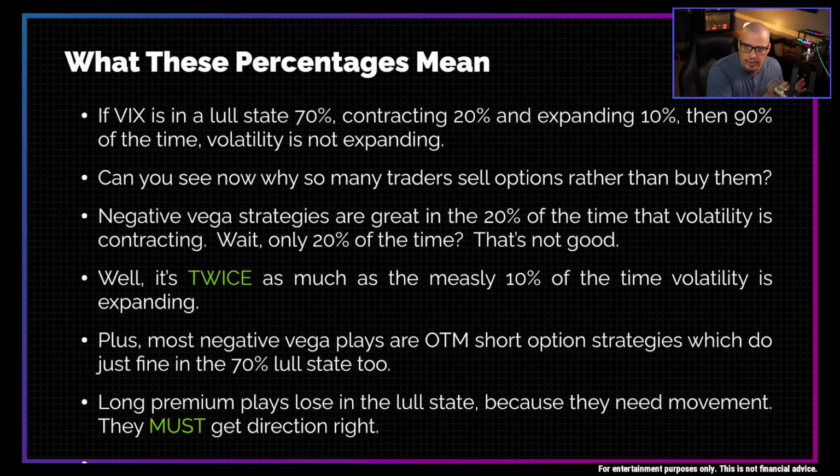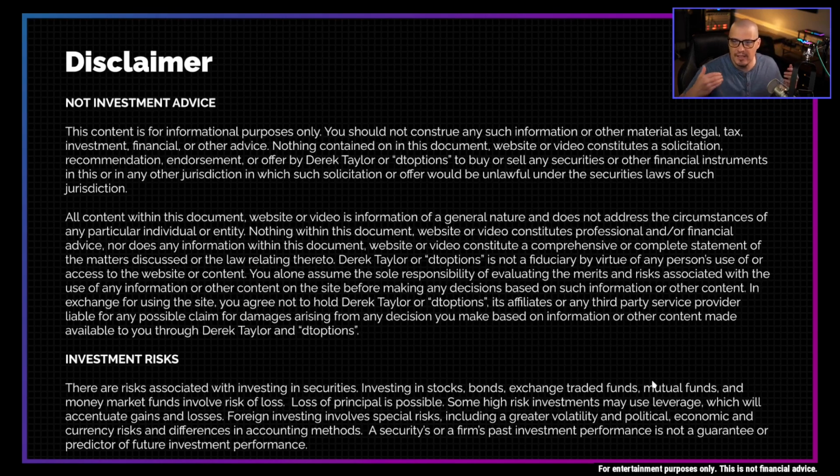And if you don't get the direction right, well, you don't have Vega to fall back on, because you're not making anything on Vega either, because remember, you're only expanding 10% of the time. So long options trades versus short options trades, if you're thinking about it in terms of selling volatility versus buying volatility, I would say that you're better off, more than twice better off, selling options rather than buying options.